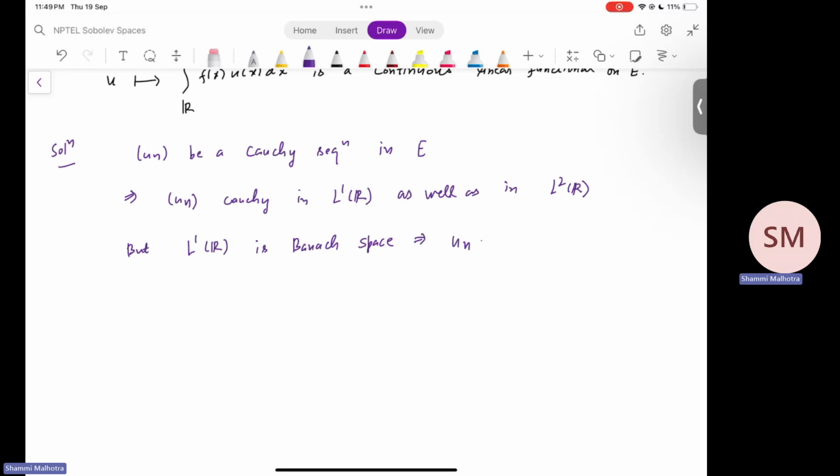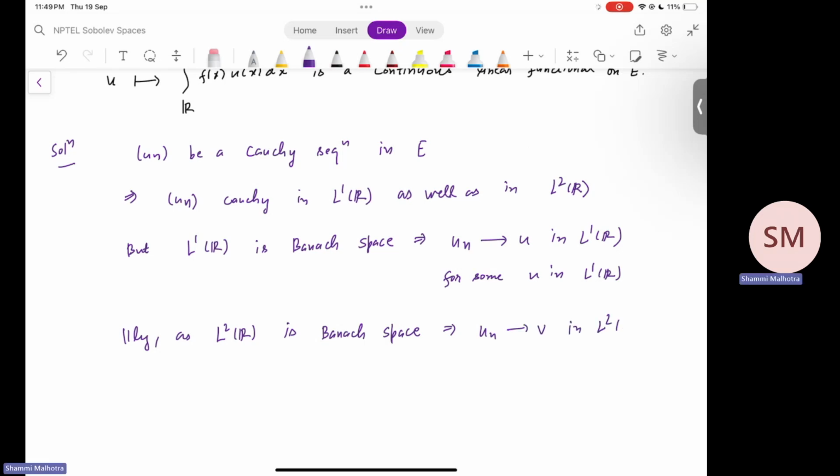So u_n converges to u in L1(R) for some u in L1(R). Similarly, as L2(R) is a Banach space too, this implies that u_n converges to some v in L2(R), for some v in L2(R).